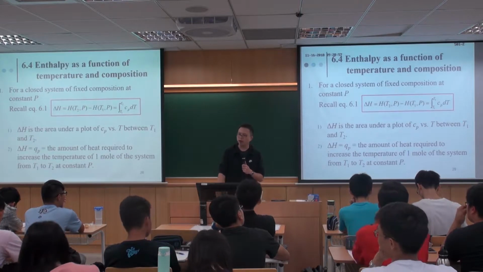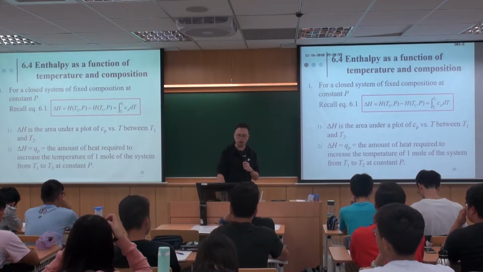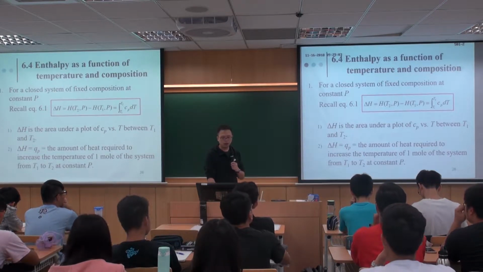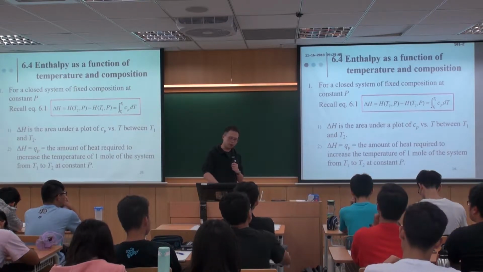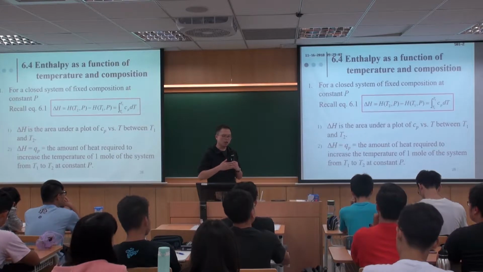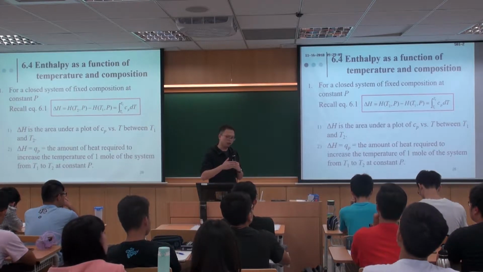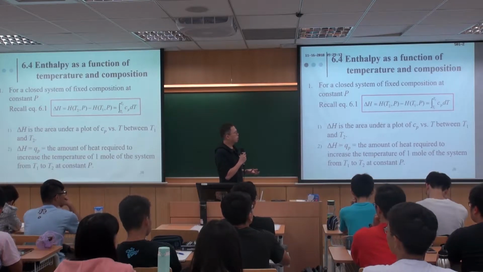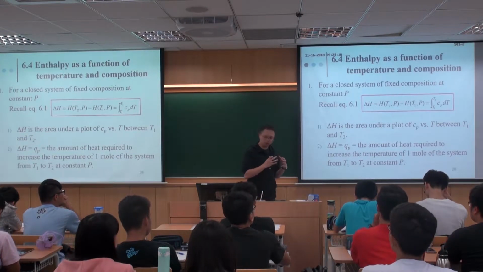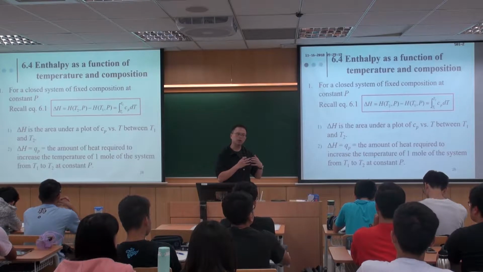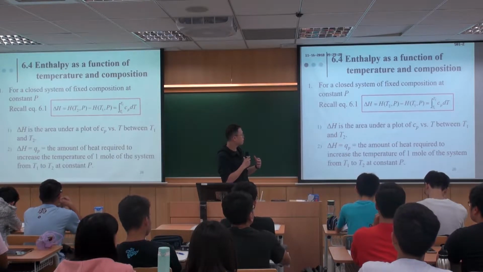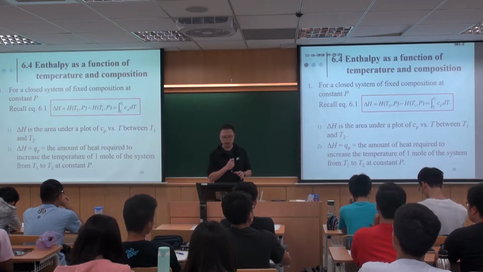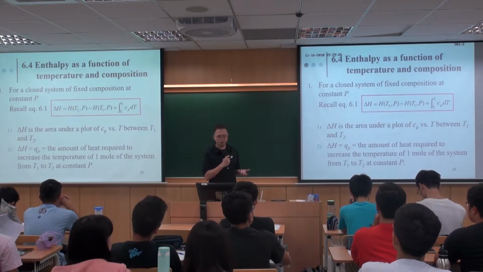But later we'll see that changing the pressure will only change the delta H by a little bit, especially for solids. If you still remember from last week, when you change the pressure, there's only a small change in, for instance, internal energy, because the atoms in the solids are bound to each other, so they are hard to move around. So basically, changing the pressure barely changes delta H or delta U.